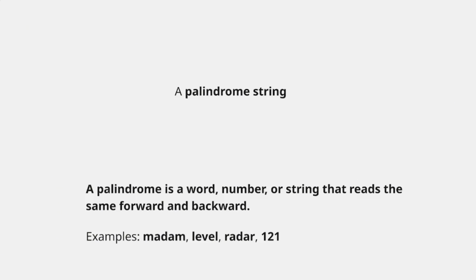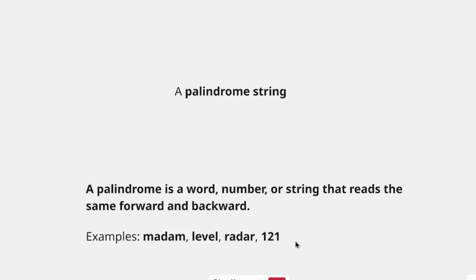So let's see what a palindrome string is. A palindrome is a word, number or string that reads the same forward and backward. So a palindrome may be a word, number, or a string. A word means a group of letters, right? For a number, we can take 1 2 1.